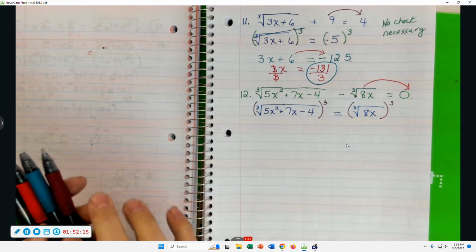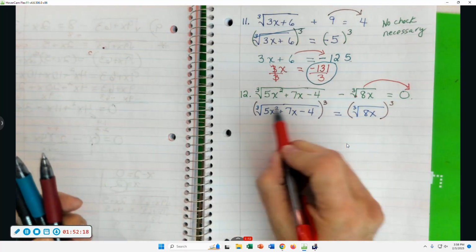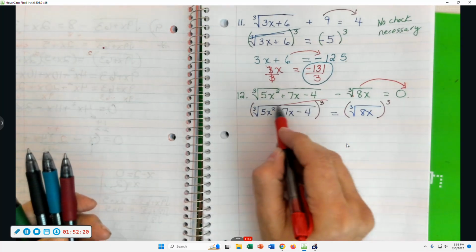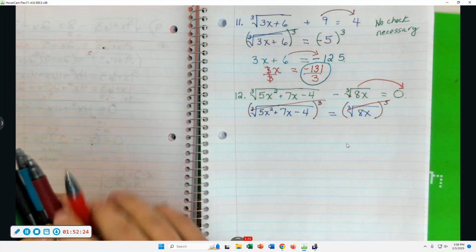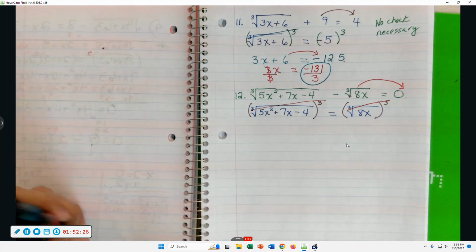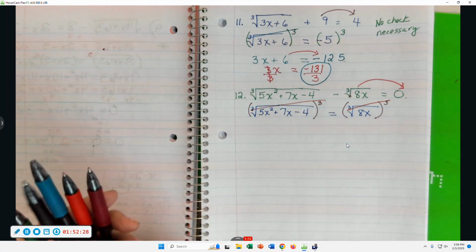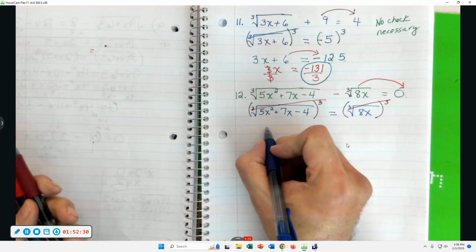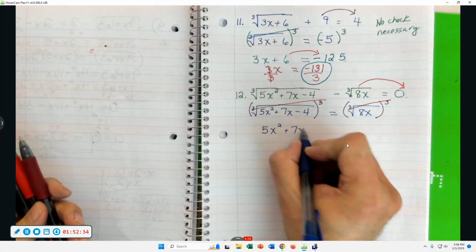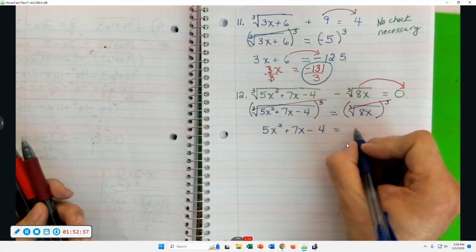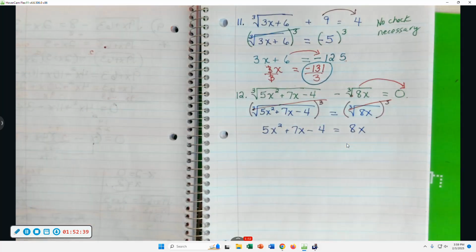And then the cube and the cube root cancel here. Look how nicely this works out. You can impress someone. What looks like a terrible problem to start off with, it's pretty fast to get rid of the radical. Writing it without the radicals.